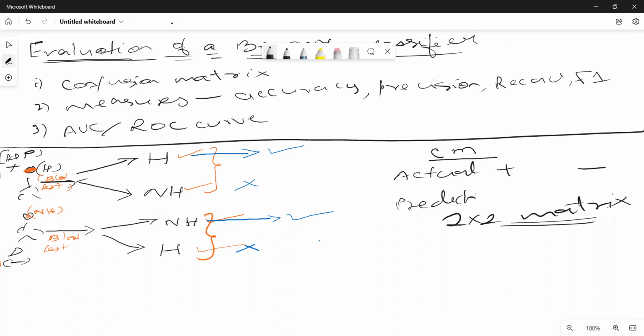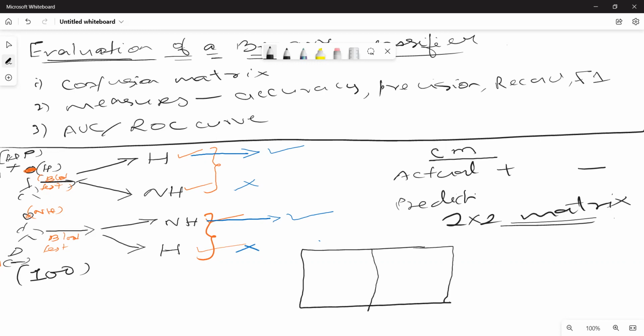Let us say that we have 100 patients. Let us write this. This is the actual data, and this is the predicted data. So this is actual positive, actual negative, predicted positive, predicted negative.